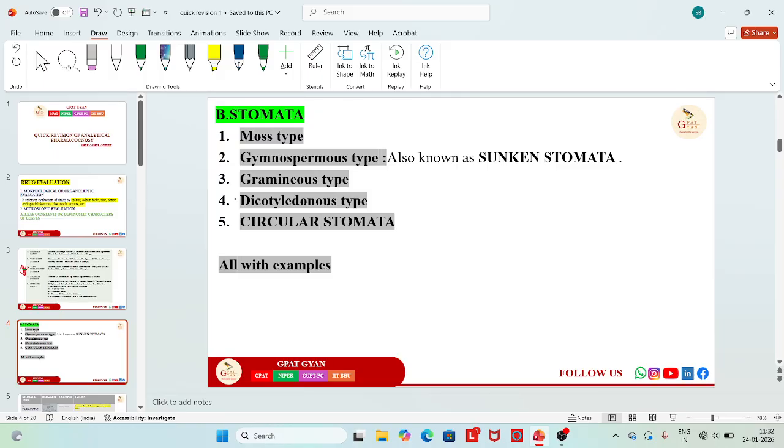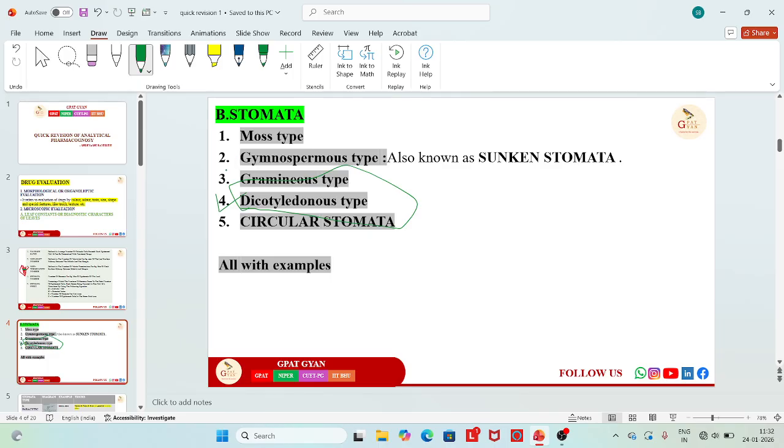Next are the stomata types: moss type, gymnospermous type, gramineous type, dicotyledonous type and circulus type stomata. We have covered all of them with pictures and examples. Most important is the dicotyledonous type, and we have to cover it in full.